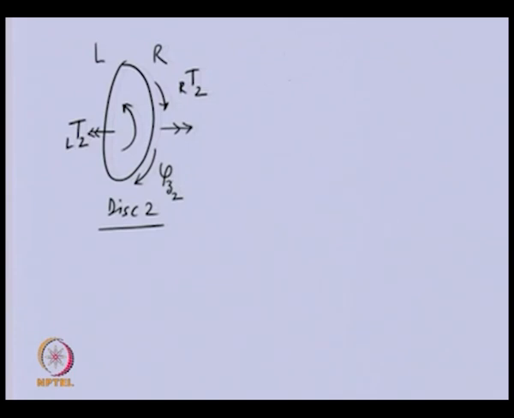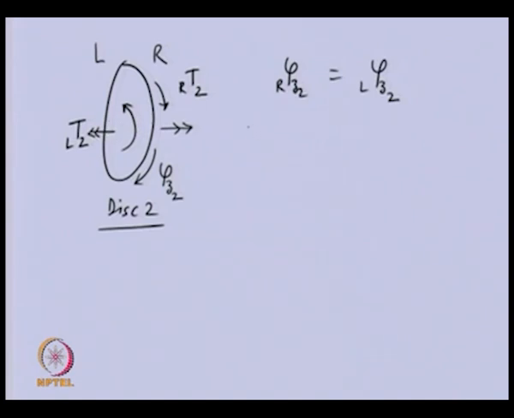So, we can write that the angular displacement of the right of disk 2 is equal to the angular displacement left of disk 2, because the disk is very thin. So, we expect these two angular displacements to be the same at either side of the disk.